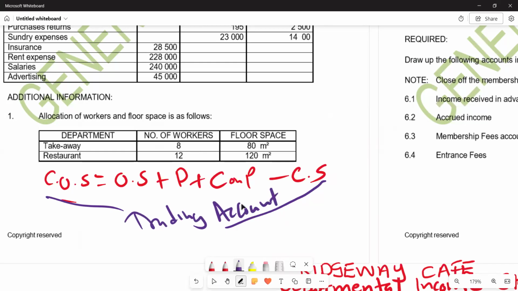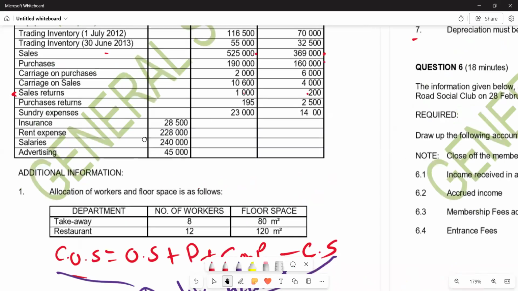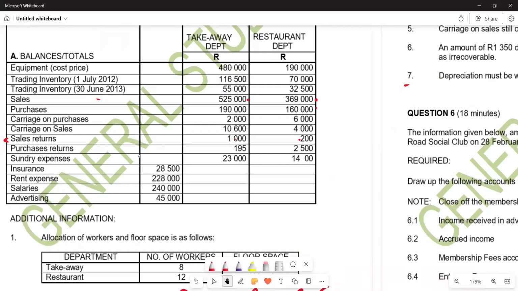So the section that we are adjusting at the moment is the trading account. So let's check the figures that we have for carriages. And the carriage that we are looking for is the carriage on purchases, which is the one that falls under the trading account, which means the carriage on sales should go to the profit and loss account under less expenses.